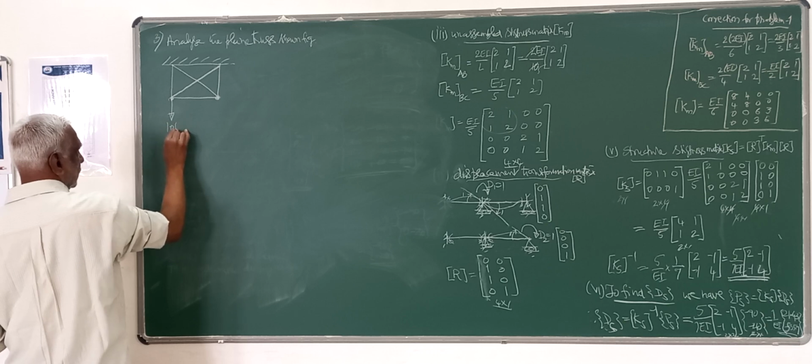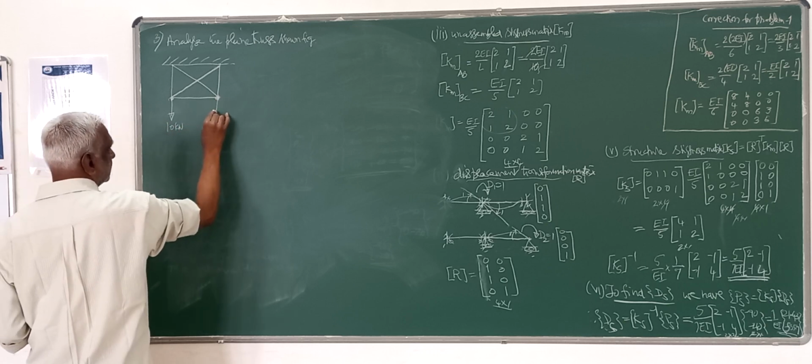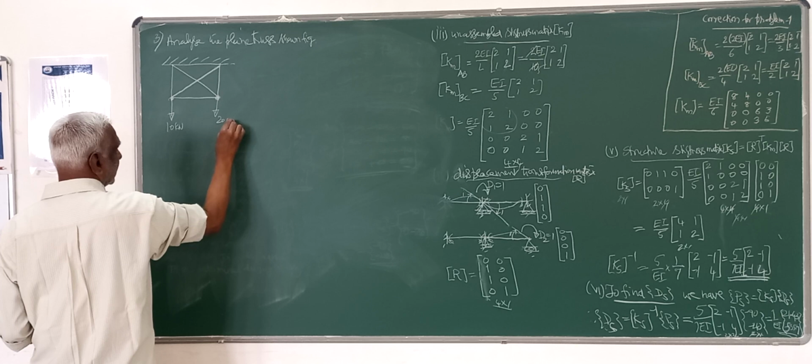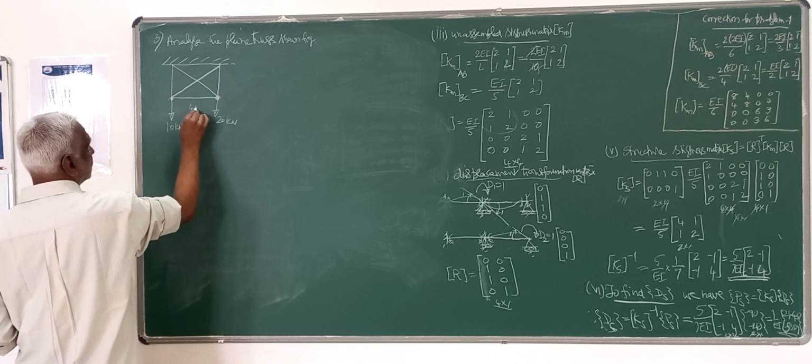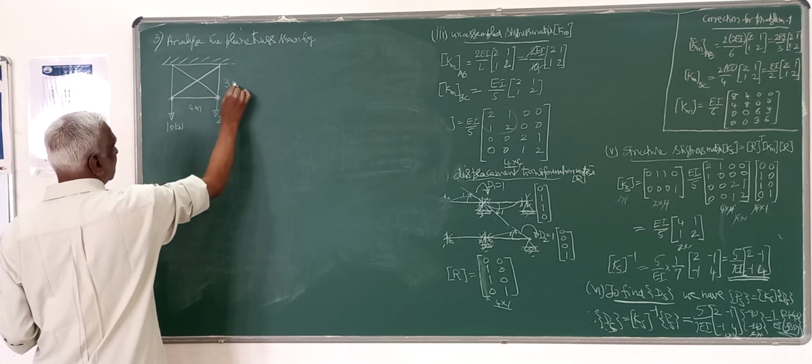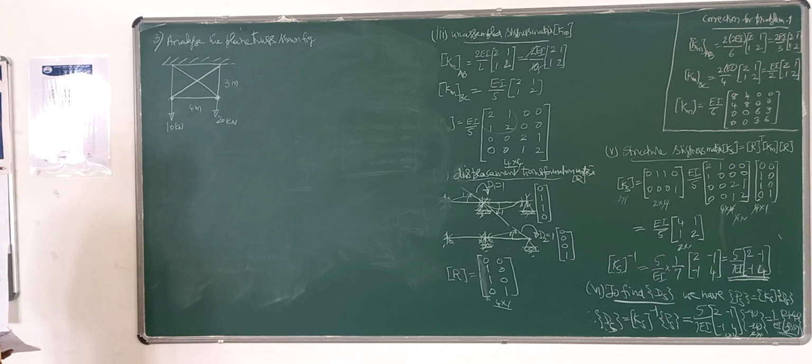Loads 10 kilonewtons and 20 kilonewtons. This is 4 meters, 3 meters. This was the truss.